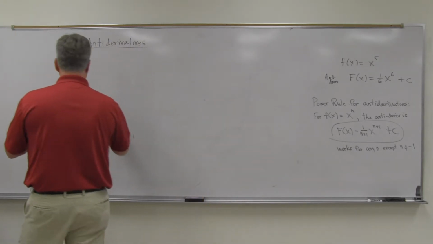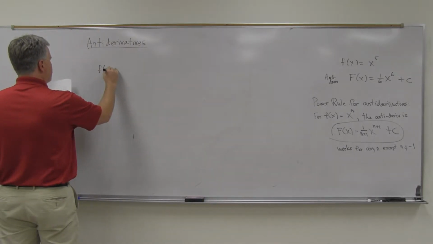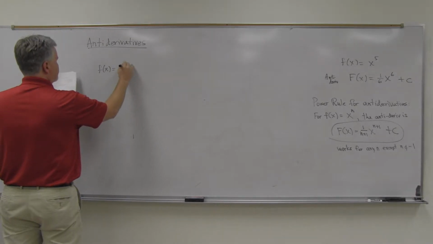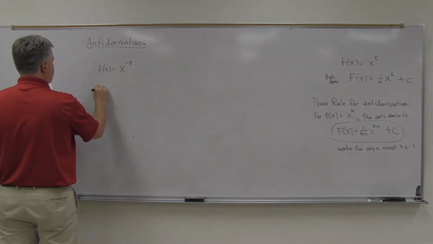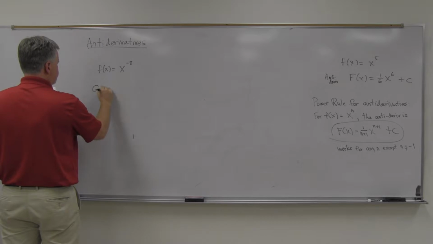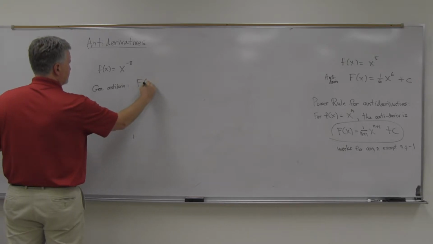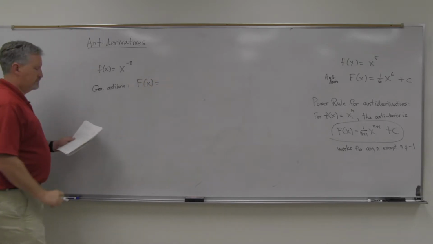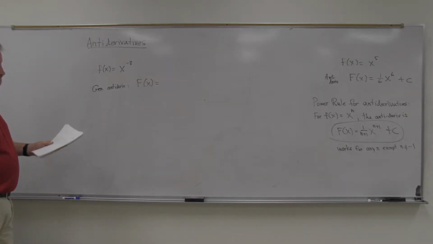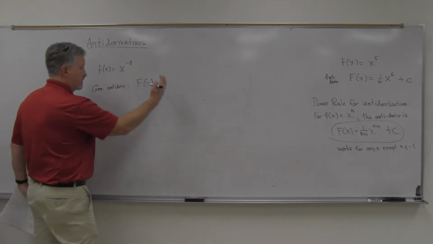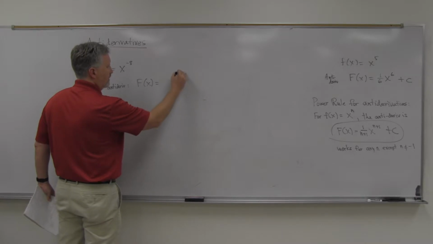So f of x equals x to the negative 8. What is the general antiderivative for it? Big F. Well, antiderivative, so I'm going to get a new power, and I'm going to get the new power by adding 1.